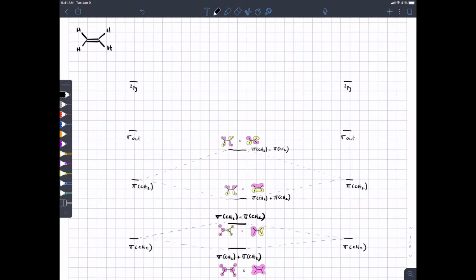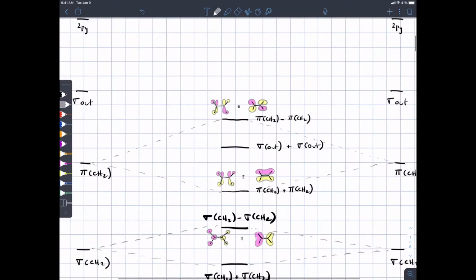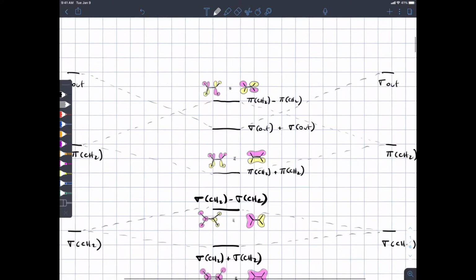So that's enough to bring the sigma out plus sigma out combination down here even lower in energy than the pi CH2 minus pi CH2 combination.